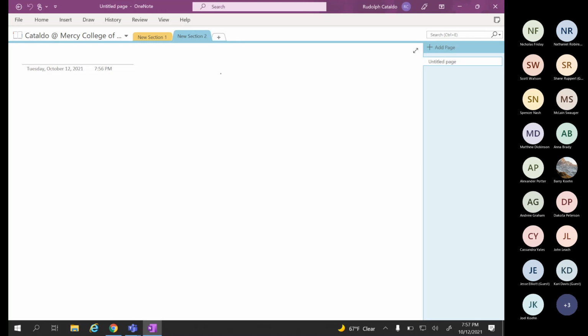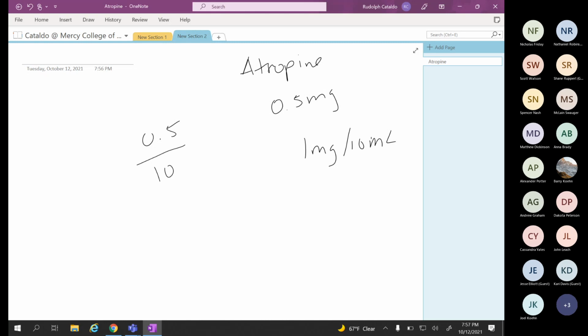Okay, so let's look at that. Atropine is what they're talking about for a med. They want you to give 0.5 milligrams. It comes in a package, 1 milligram in 10 mLs. So if we put that into our formula, desired dose 0.5 over available dose 1 times available volume 10.